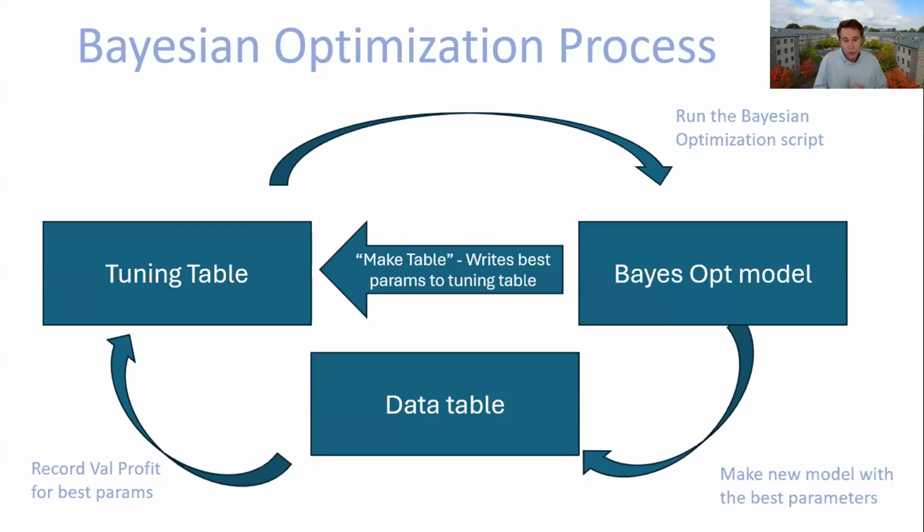And I will warn you that if you start with a very small tuning table, like only, let's say, a tuning table with 10 models in it, in general, you're going to end up having to do more iterations through this process because it's got less fidelity in the shape of that underlying curve. So if you want to keep sane, I recommend using a larger tuning table to get started with the Bayesian optimization process.